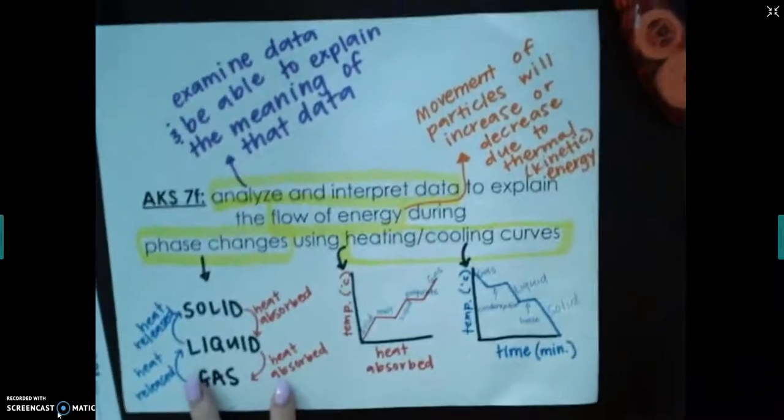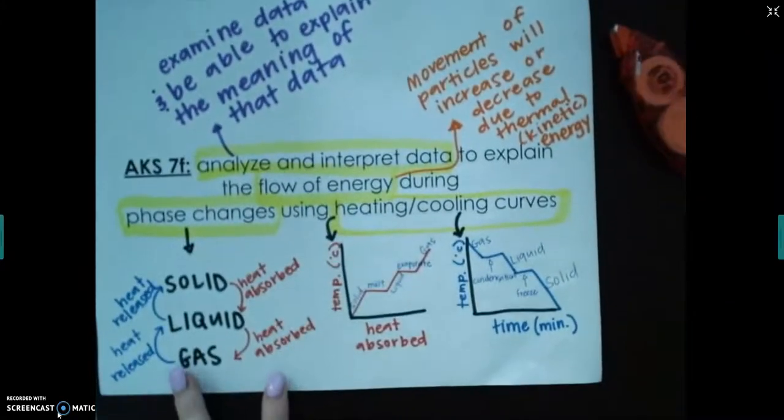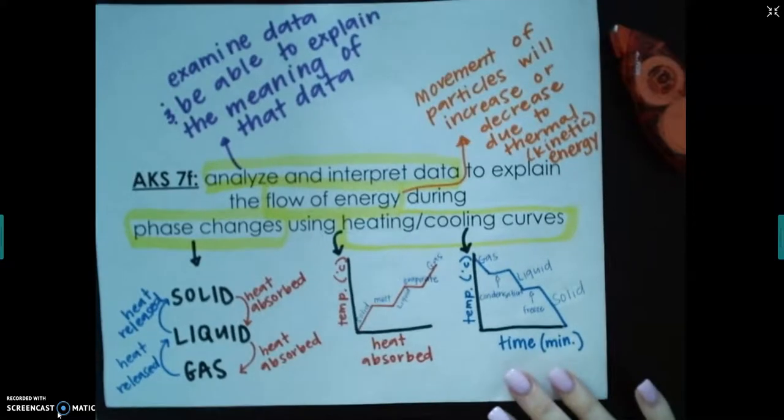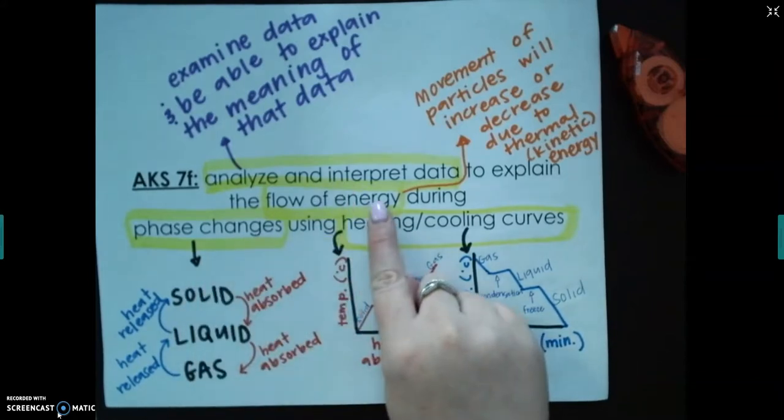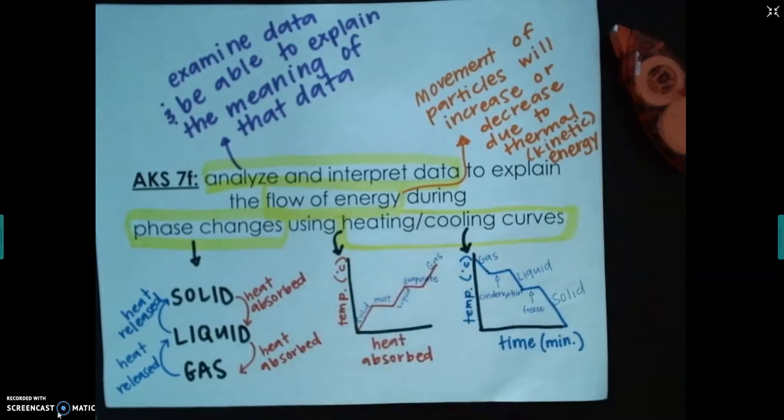As we analyze and interpret the data of these types of curves, we're able to see the phase changes occurring. We're able to talk about the flow of energy, whether it's an increase or a decrease in energy. And that's everything that the standard is asking you to do.